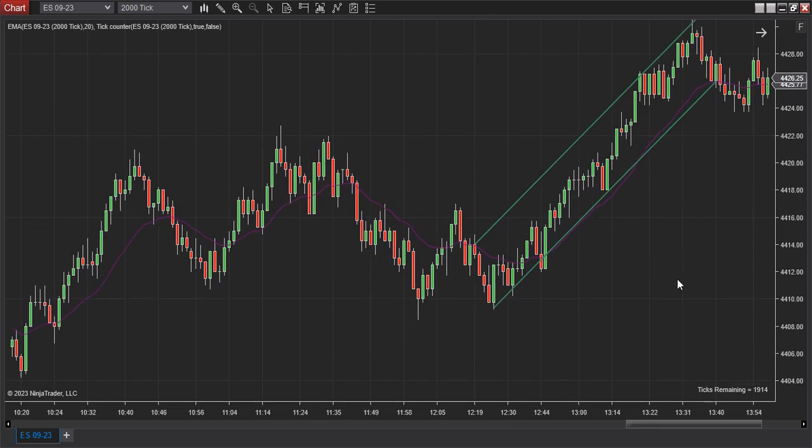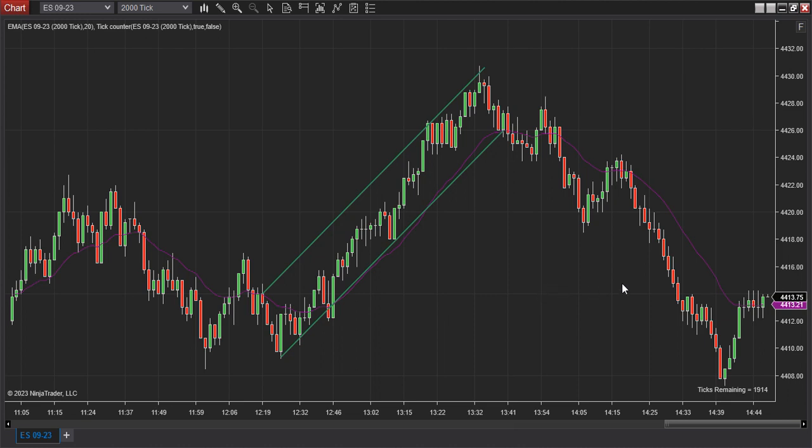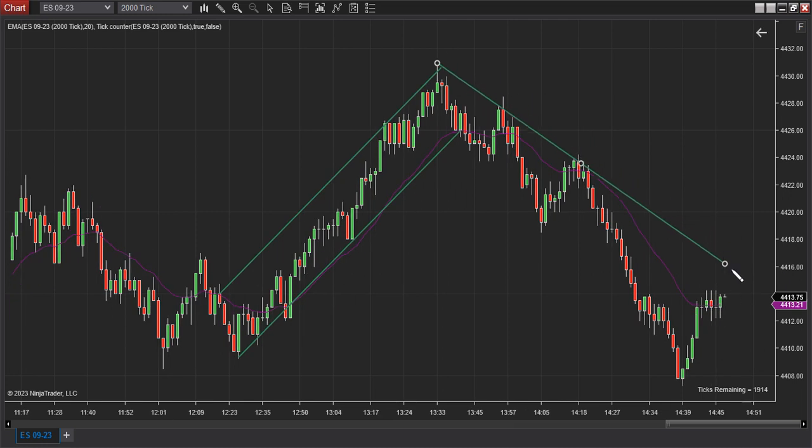Now let's just say that we have to draw a bear channel here. Well, if we draw a bear channel, we want to start with the top line. From the wick to the bodies, and channel.